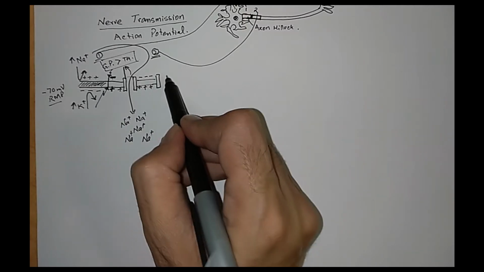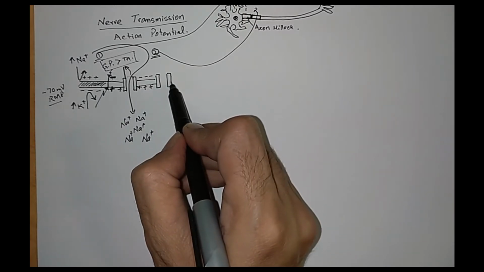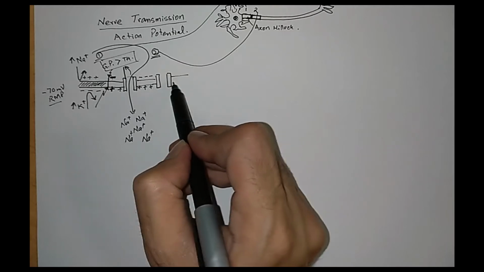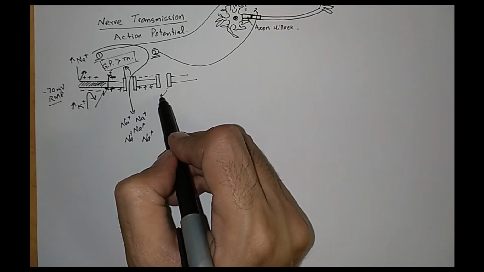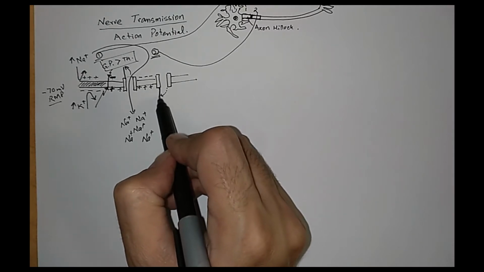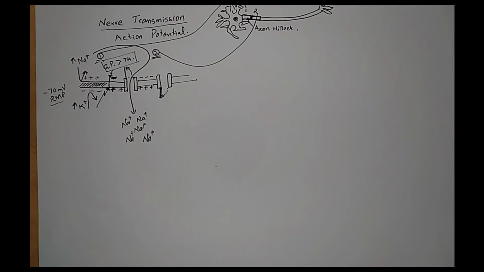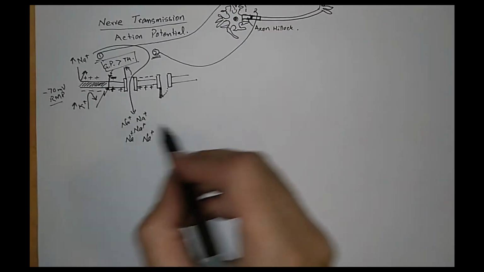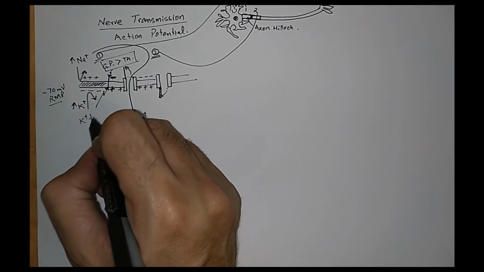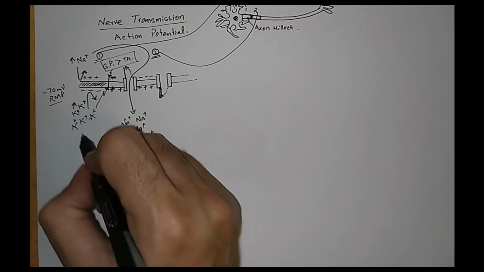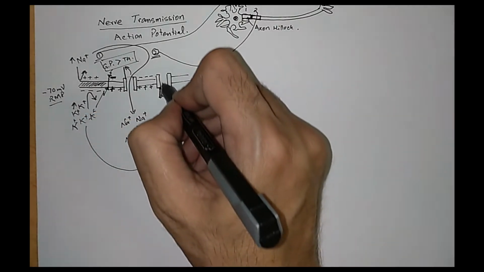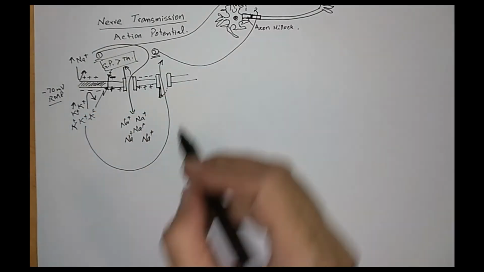That positive charge is moved towards the next part, and when it reaches the voltage gated potassium ion channels, it results in the opening of potassium channels. The potassium ions, which were in higher concentration within the cell, start rushing out, right?